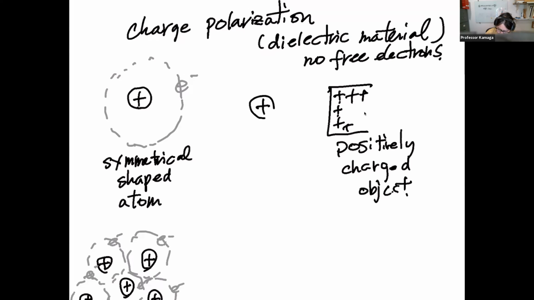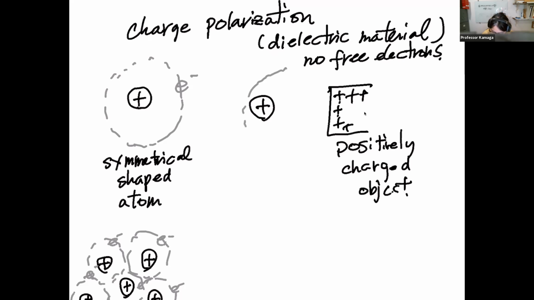It could be positively or negatively charged. Then I have this positively charged nucleus, and the negatively charged electron cloud is still going to be attracted to the external positively charged object. It cannot move out from the atom. It's still bound to the atom, but it's still attracted.